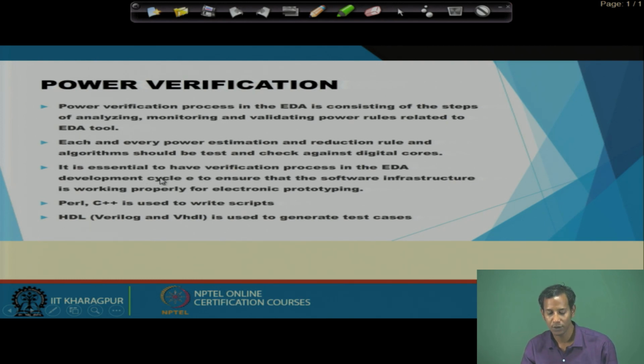It is essential to have a verification process in the EDA development cycle to ensure that the software infrastructure is working properly for electronic prototyping.